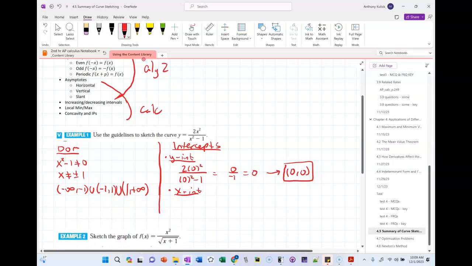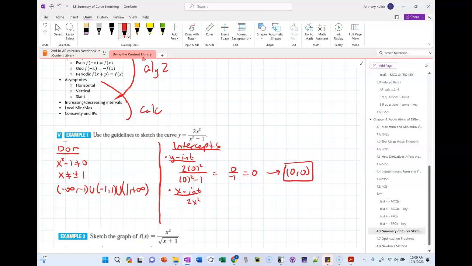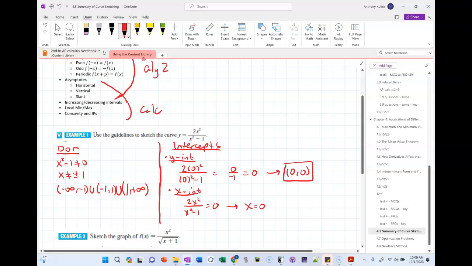So if I do my x-intercept next, how do I find the x-intercepts? I set y to 0 and then solve for x. What's the solution to that have to be? Just 0, right?